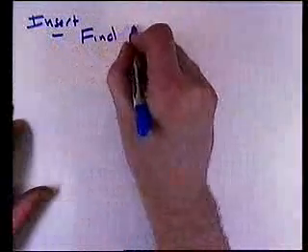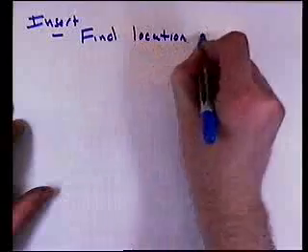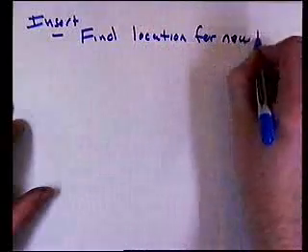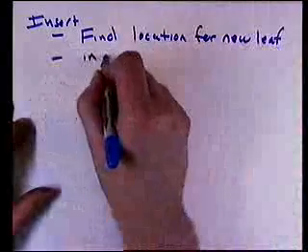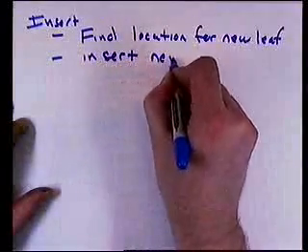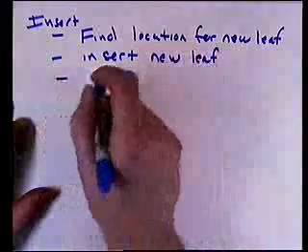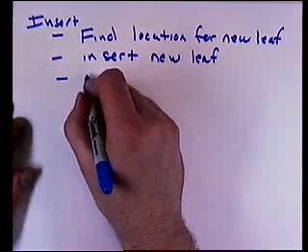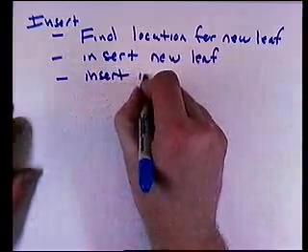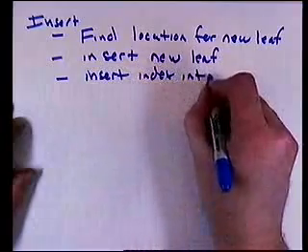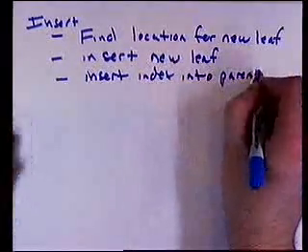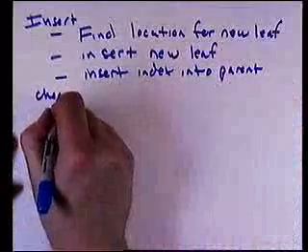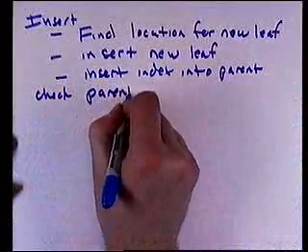When dealing with insert, we would find the location for the new leaf, insert the new leaf, and then insert the index into the parent, and then once we were done there, we had to check the parent.